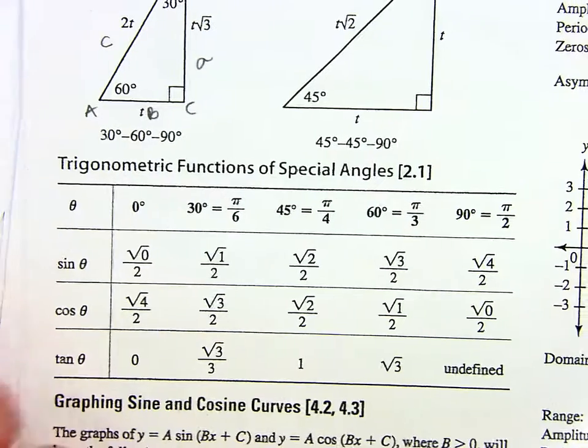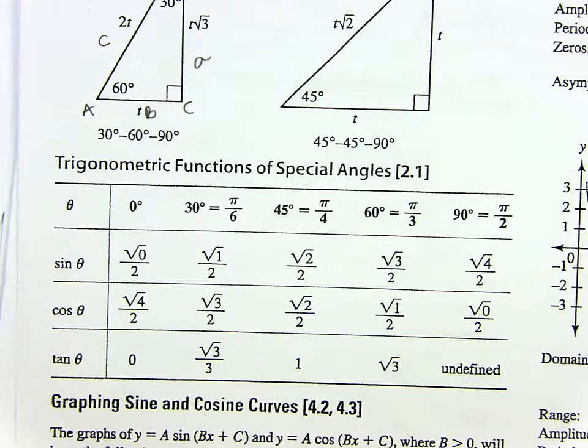Here's the little snapshot from the reference table, if that helps you. It doesn't do the reciprocal ones, but you could still get there from this if you wanted.